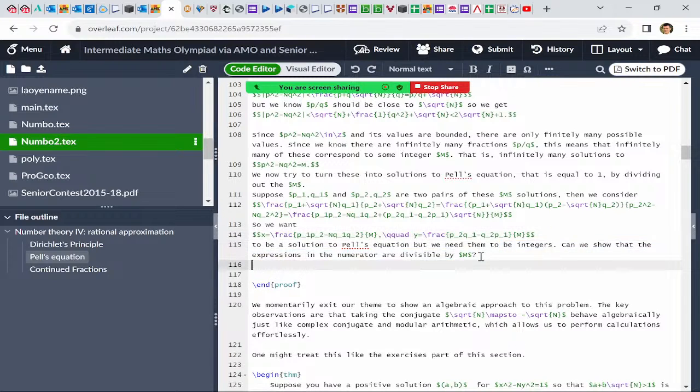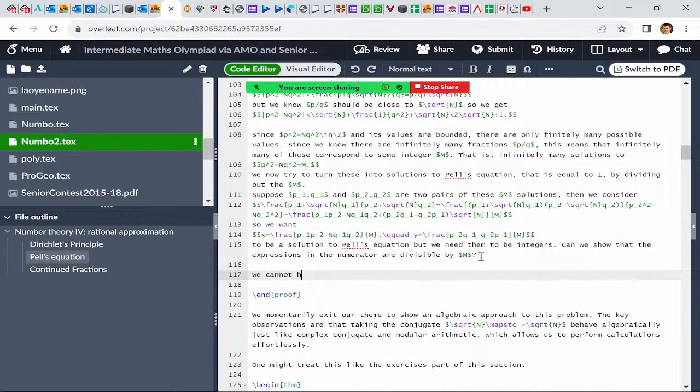Did you read the other side? We cannot hope that these are divisible by m, and they are probably not.